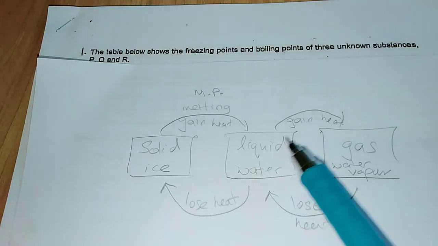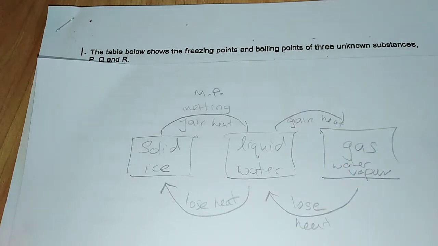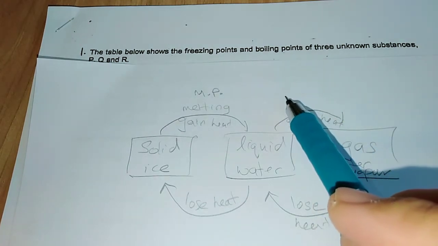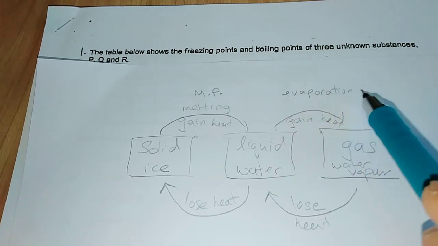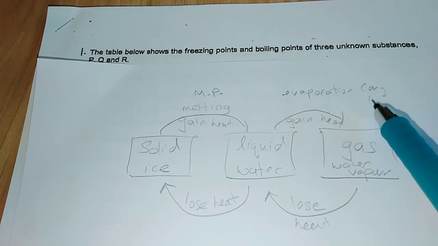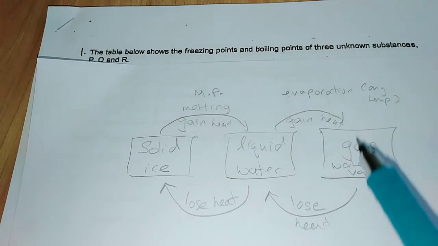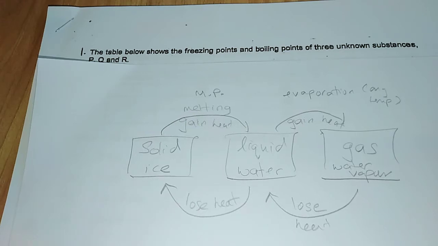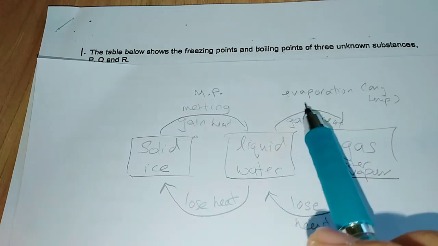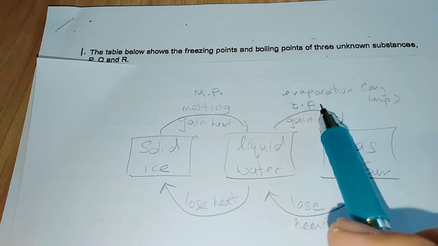And from liquid to gas, it can go through two processes. One is called evaporation, and evaporation can happen at any temperature between the freezing point and the boiling point. And if the amount of heat from the surroundings is so high, it can cause this liquid, which may be water or may not be water, to become a gas at a temperature known as a boiling point.